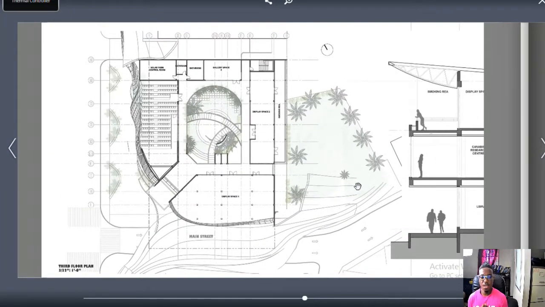So on the third floor, we have the lecture theater. We exit out onto the court space, onto the courtyard, into the atrium space that looks down into the courtyard, right? And on this level, it's really about the gallery itself, right? So I have display areas on this level.